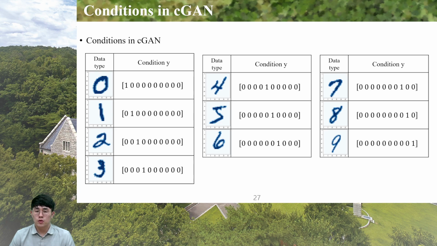For handwritten numeric images, for example, the conditions are as follows. When the condition is set to a 10-digit vector, zero's condition is stored in the form with 1 in the first digit. If we show each condition in this manner, we can list them as follows.